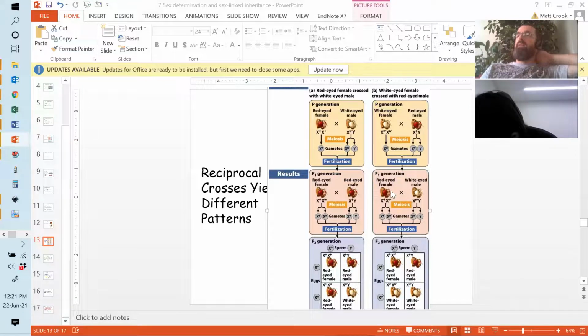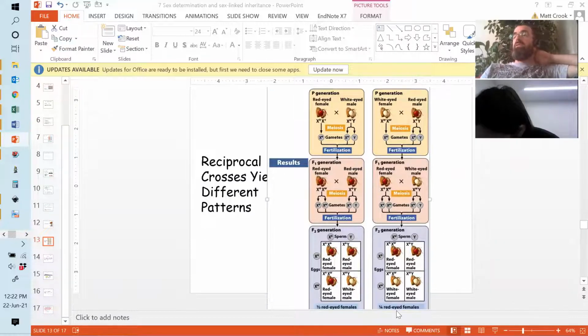She will be red-eyed because she has a dominant allele, but she'll carry the white allele. And now you have a white-eyed male because that individual inherited one of the two mutant X chromosomes from the white-eyed female. And so when you cross those together, instead of a 3-to-1 ratio of normal to recessive, now you get a 1-to-1 ratio.